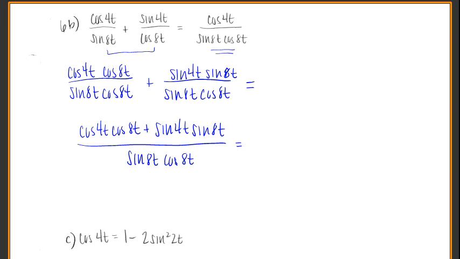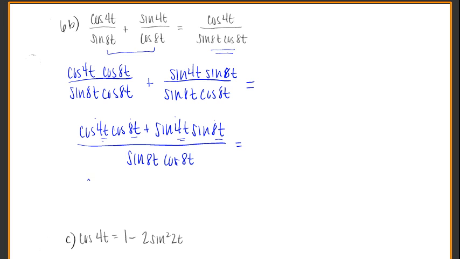Okay. Well, let's go to our answer. The denominator looks great because the denominator says it should be sine 8t, cosine 8t. I've got sine 8t, cosine 8t, so the denominator's done. All I need to show is that this numerator is the cosine of 4t. Okay? Well, I've got first angle matches with first angle, second angle matches with second angle, cosine, cosine, sine, sine.